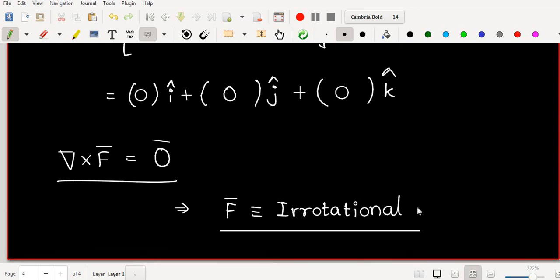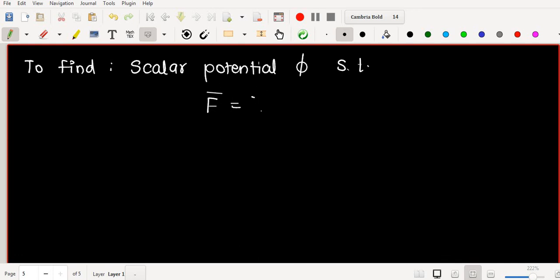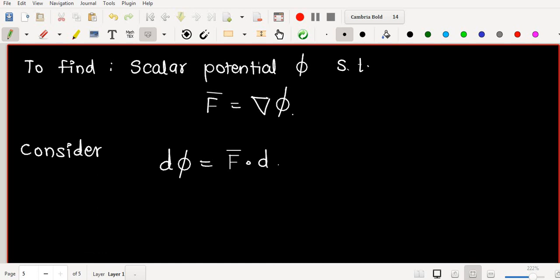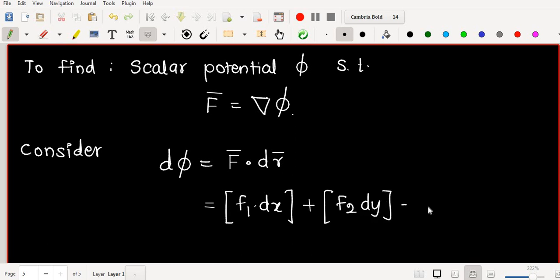Now to find required scalar potential associated with the irrotational vector field. So to find scalar potential phi such that f bar is equal to del phi, we consider the remark, that is d phi is equal to f bar dot dr bar, that is nothing but f1 into dx plus f2 into dy plus f3 into dz.